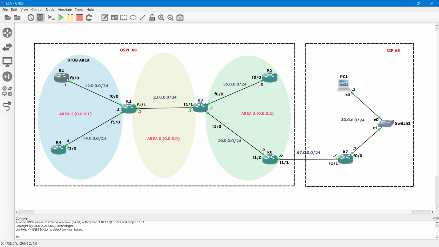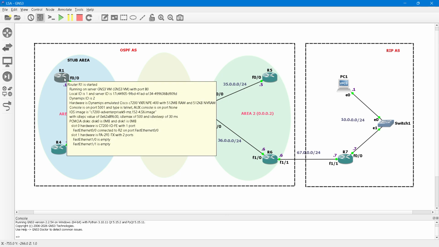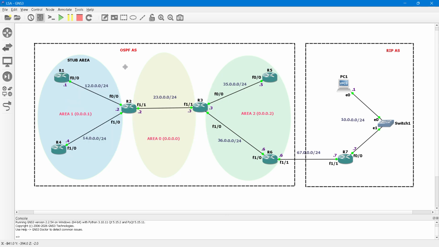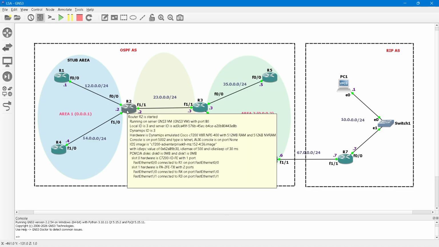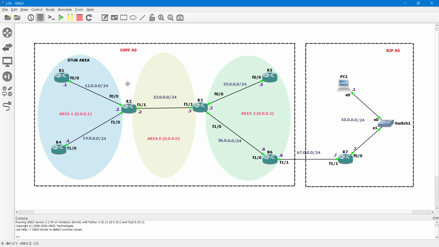area for area 1. Then as we do it, what will happen is the adjacency between R1 and R2 is going to break. Why? Because the rule for the adjacency says that both of the routers should be stub area or both of them should not be.